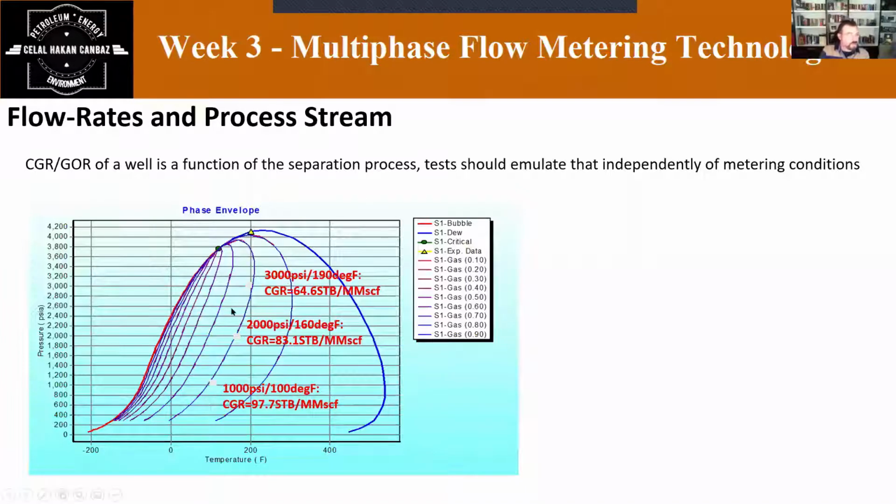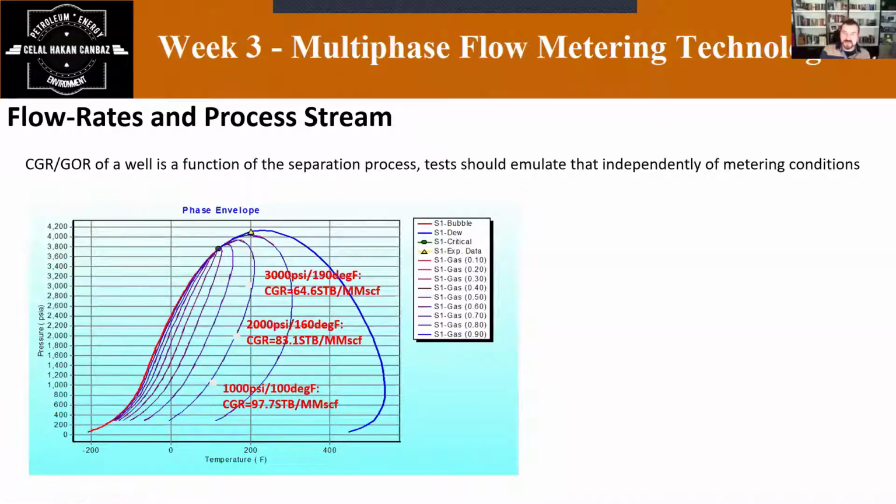So for example, here your phase envelope is available. For example, 3000 psi, 190 degree Fahrenheit, your condensate gas ratio measured as 64.6. It changed to 83 when it comes to 2000 psi with 160 Fahrenheit. And 1000 psi with 100 degree Fahrenheit, your condensate gas ratio comes to 97.7.